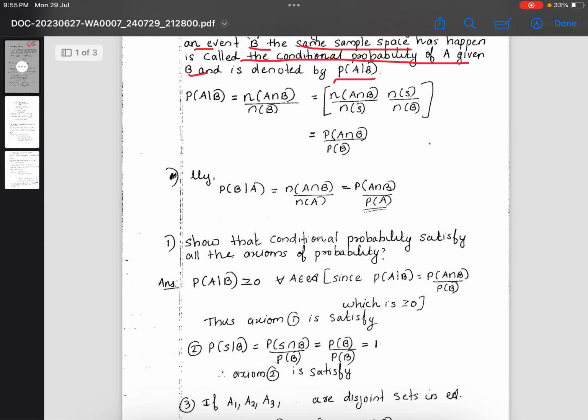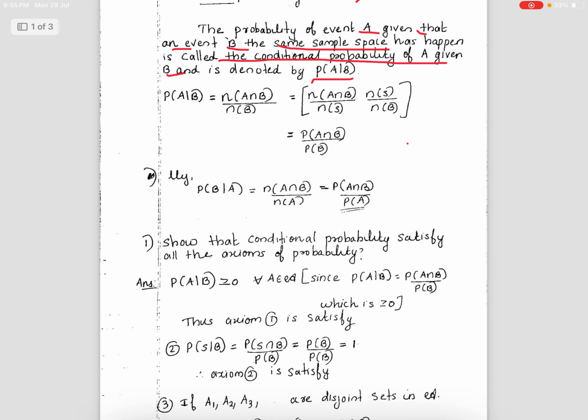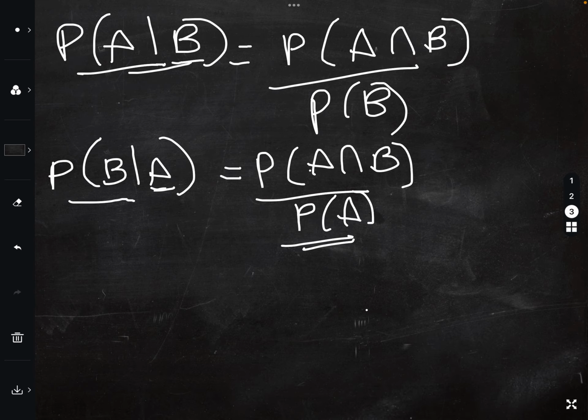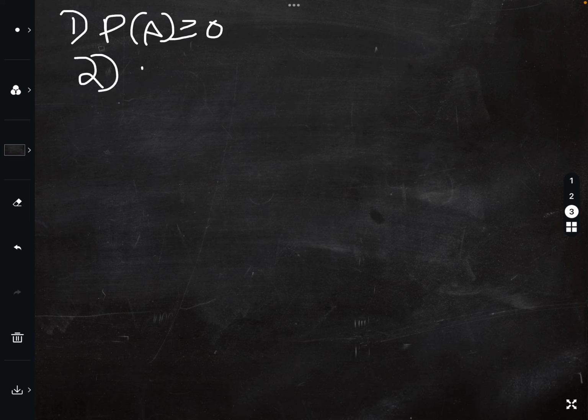Next, show that the conditional probability satisfies all the axioms of probability. We know that there are three axioms. First axiom is probability of A greater than or equal to 0. Second axiom is probability of S is equal to 1.